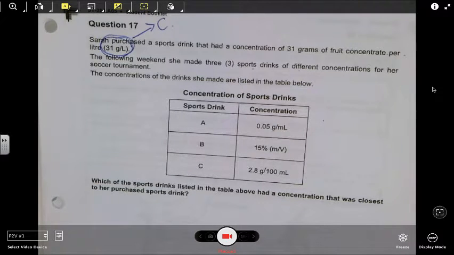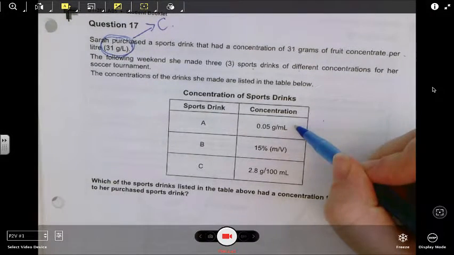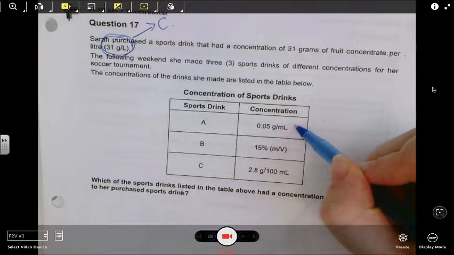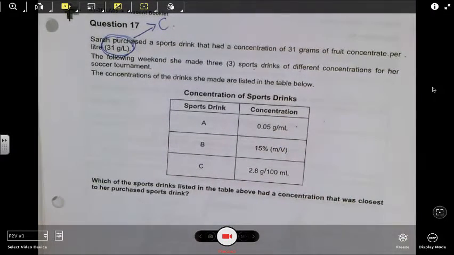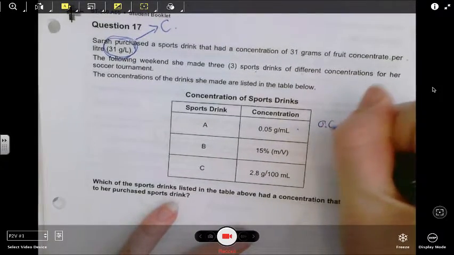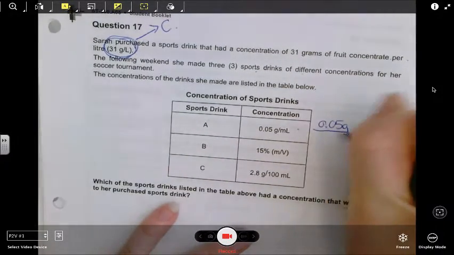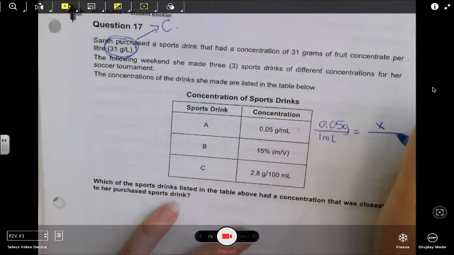All right, so what we need to be able to do here is calculate each of these concentrations. And they have the concentration written there. It's just a matter of the fact that these units don't actually match up. So you need to be able to realize that if this is talking about grams per milliliter, we need to convert this. So what I'm going to do is if it's 0.05 grams in 1 milliliter, you're going to put it equal to X over 1,000 milliliters.